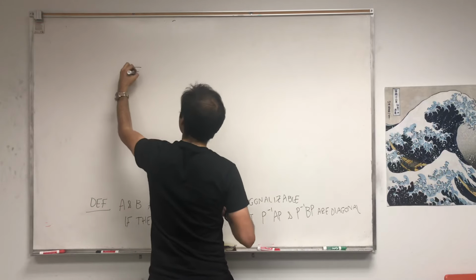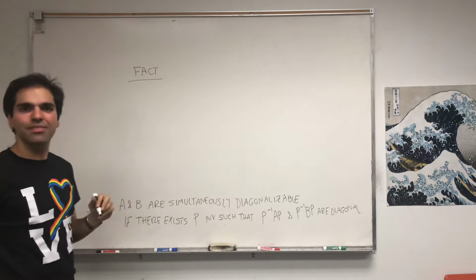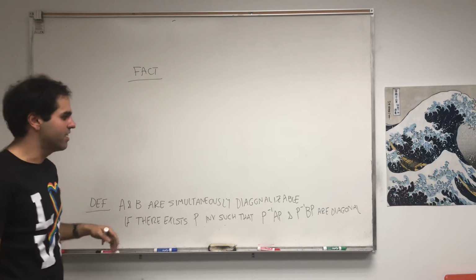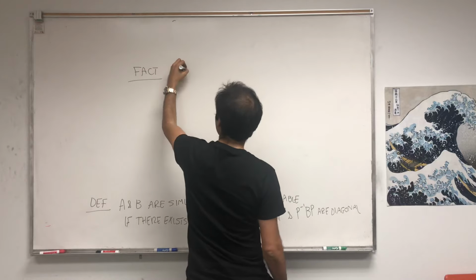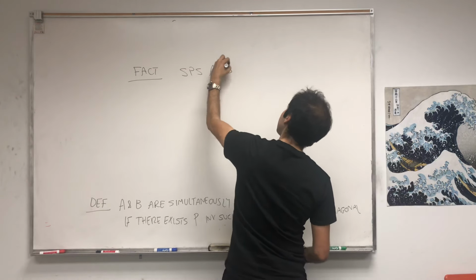So, fact. It turns out it's very easy to check if A and B are simultaneously diagonalizable. But for this we need to suppose A and B are diagonalizable, of course.